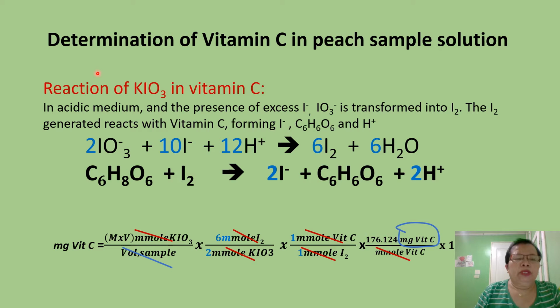Okay. Now, remember, in your sample, you add potassium iodide and you add hydrochloric acid. So, sa potassium iodide, only iodide ion ang mo participate sa redox reaction, while in hydrochloric acid, only H plus will also participate.